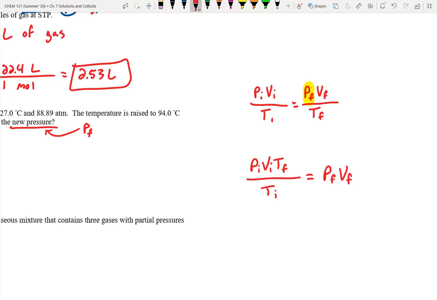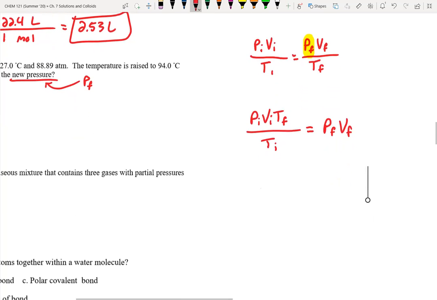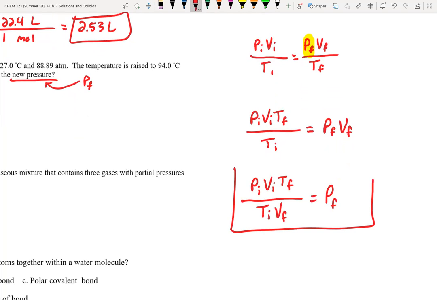And then I would divide both sides by VF to solve for PF. So now we've done some basic algebra to solve for this. But this is good now because we can plug in our numbers.